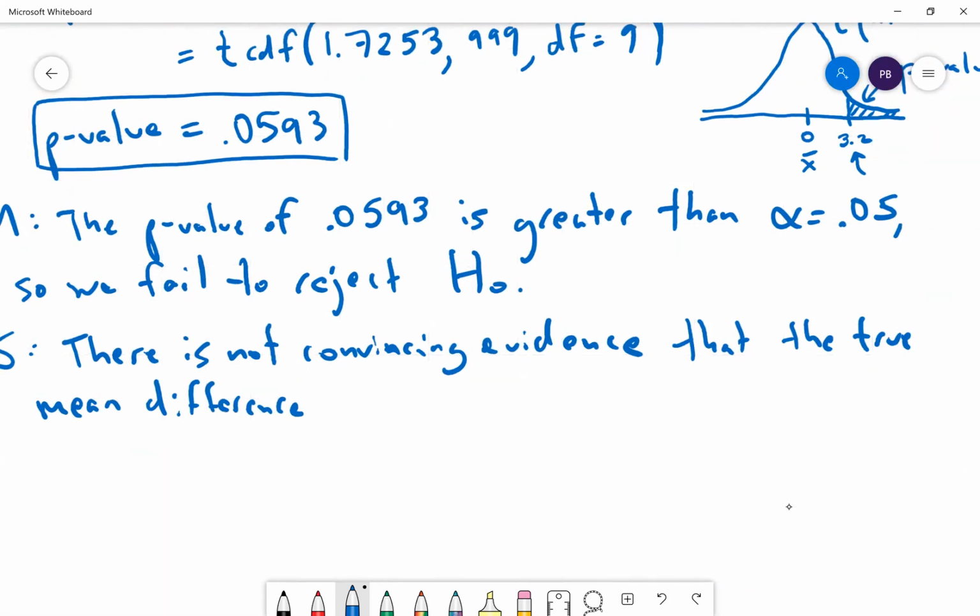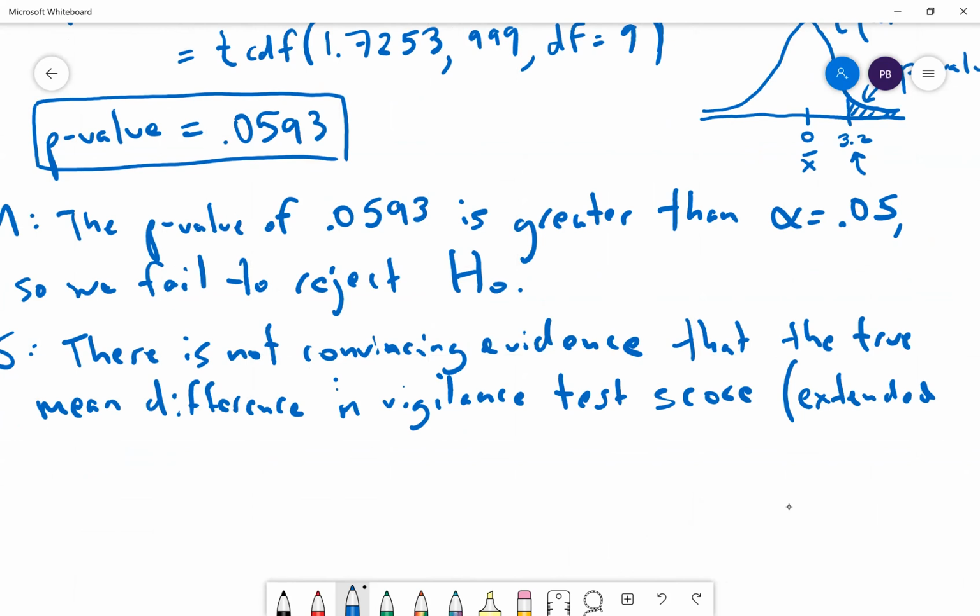So that the true mean difference in vigilance test score, and we define that to be the extended sleep score.